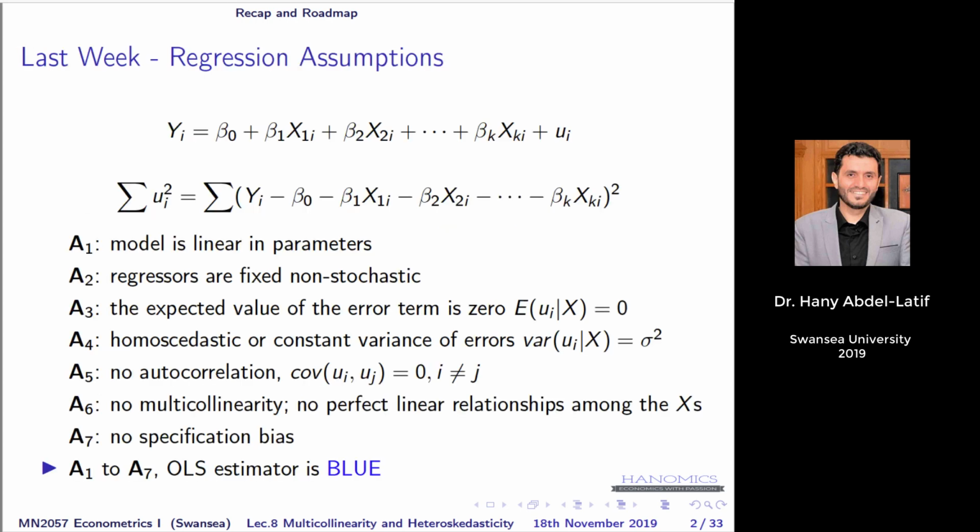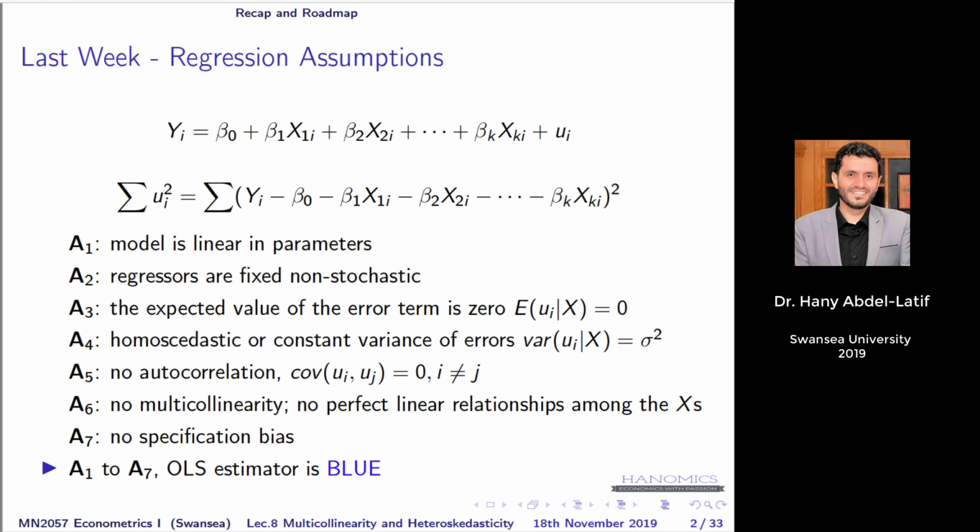As I said before, we make some assumptions about the regression model, and we need to test for the validity of these assumptions, whether they are true or not. So the lecture today will be related to assumption 6 and assumption 4.